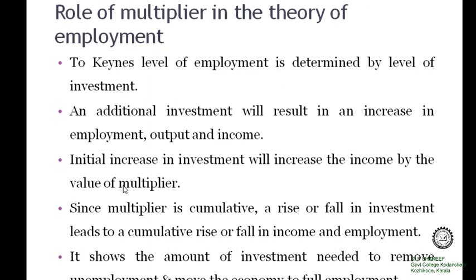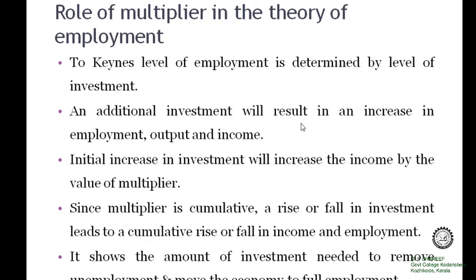Aggregate demand consists of consumption demand and investment demand. Since consumption function is also stable in the short run, Keynes gave more importance to investment function in the determination of the level of employment in the economy. Thus, an additional investment will result in the increase in the employment, output and income in the economy.